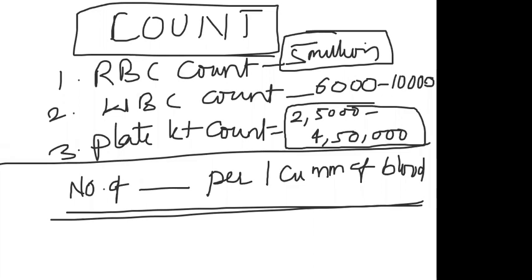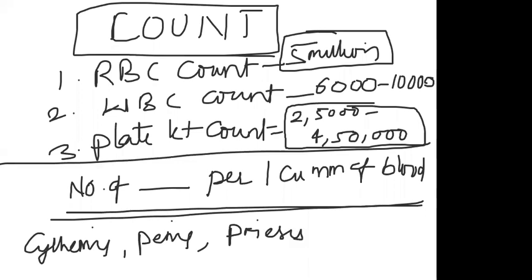Then platelet count is the number of platelets per 1 cubic millimeter of blood. Let me remind you once again, we came across cythemia, penia, and poiesis. As a fourth issue, we are learning the count.